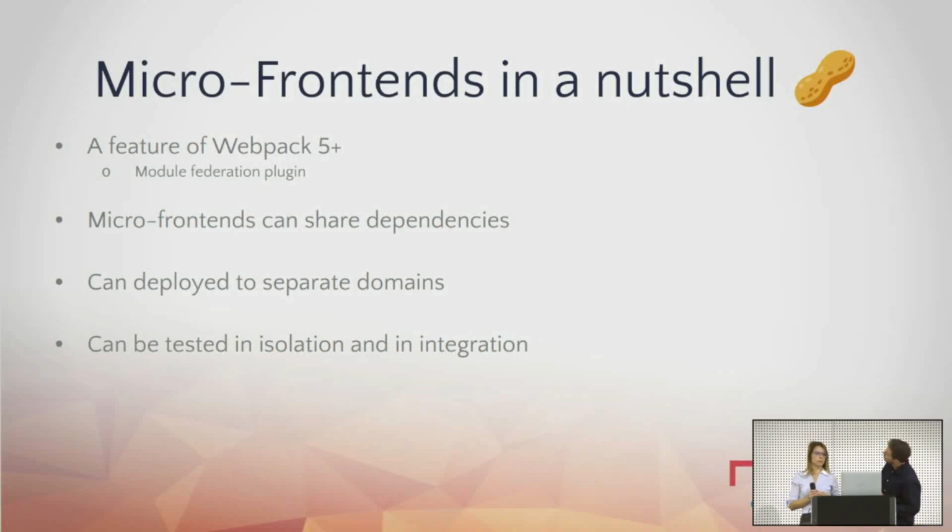Yeah, so micro-frontends are a feature of Webpack 5 and above. They are implemented through the Module Federation plugin, and they basically allow you to expose parts of your app or the whole application to be loaded dynamically inside another application. This allows teams which develop parts of the app to deploy independently, and they don't have to care about what the other teams are doing.